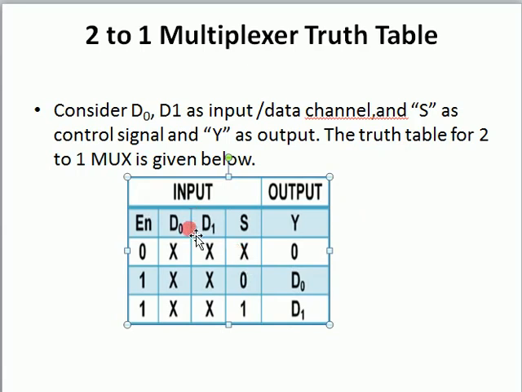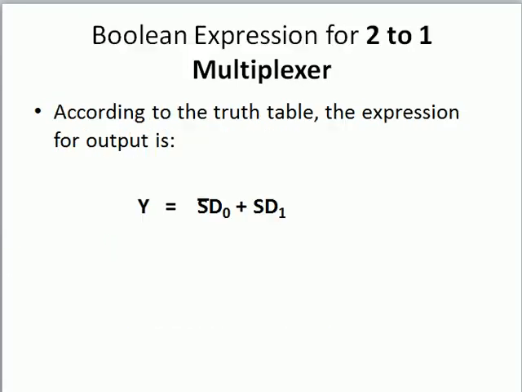It doesn't matter what is at the input side. In the next combination, enable input is 1, and again D0 and D1 are don't care, but when select line S is 1, then the D1 input will be forwarded to the output. So at the output we will get D1. This is the 2 to 1 multiplexer truth table.